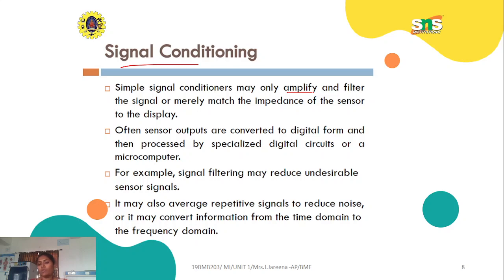So we have to strengthen that electrical signal in such a way that it falls within the limit range of the upcoming device, to be accepted by the following devices. So for that we have to amplify to strengthen the signal.